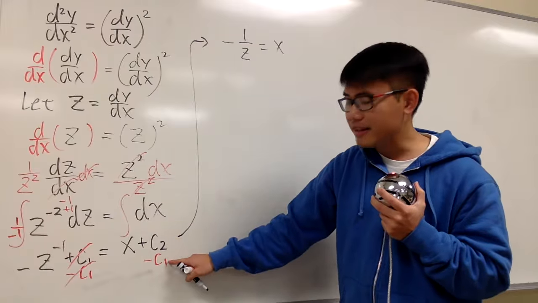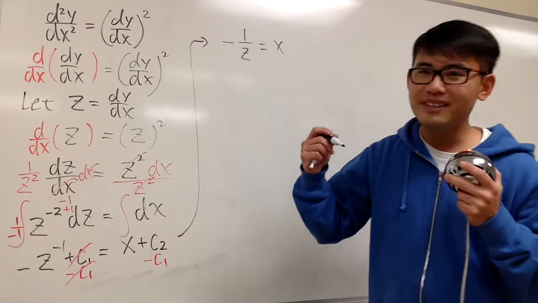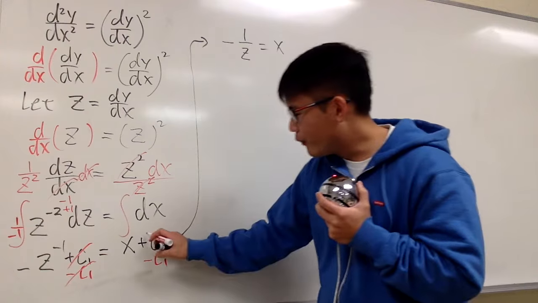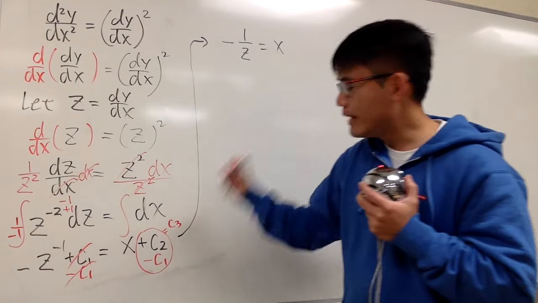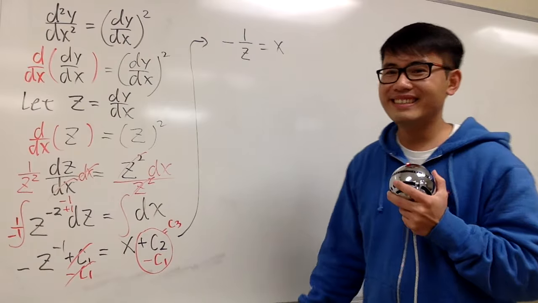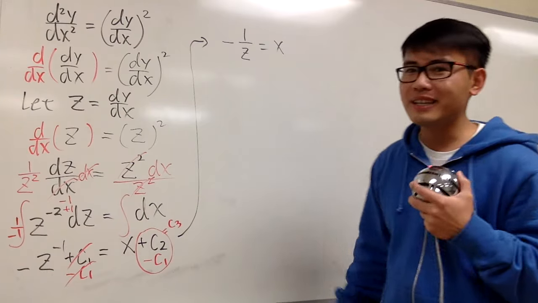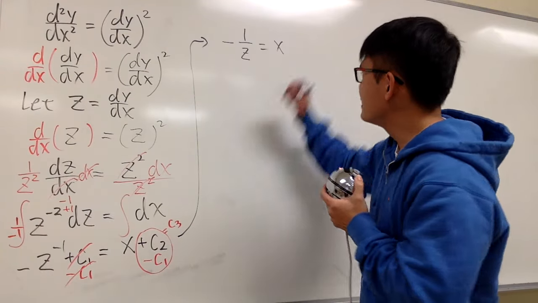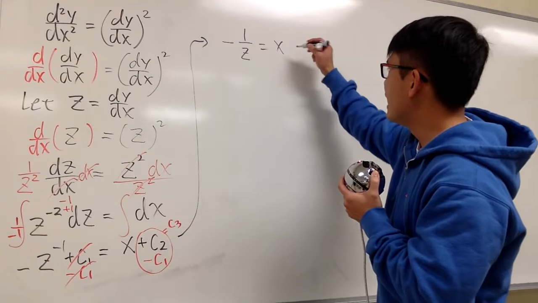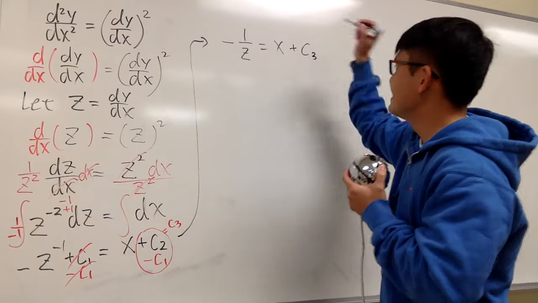A constant minus another constant is just going to be another constant. Therefore, I can just say these two together is another constant. I will label that with c3. You see, this is how we keep track with the constant calculations. So let me just put this down as x plus c3.